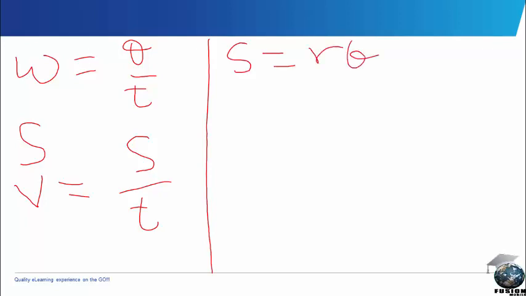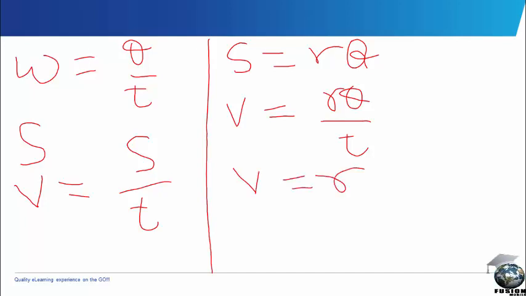That means that v is equal to r theta all over time, and theta over t is equal to omega, so v is equal to r omega. Again, v is the linear velocity, while omega is the angular velocity.